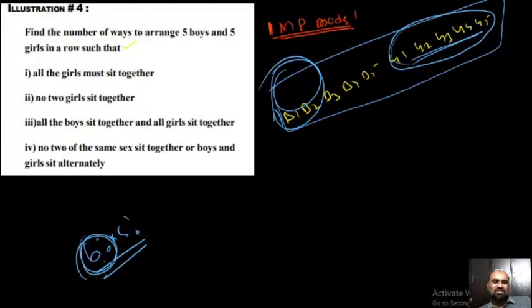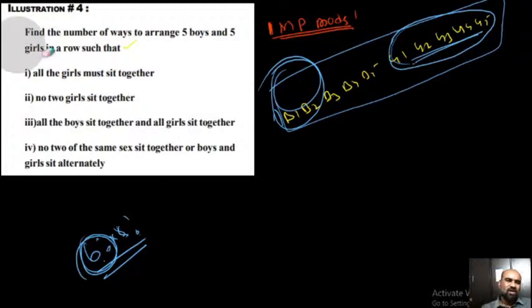Among all 6 factorial, the girls' position is fixed here. But the girls can change their places themselves in 5 factorial ways. Therefore, the total number of required permutations is 6 factorial into 5 factorial.